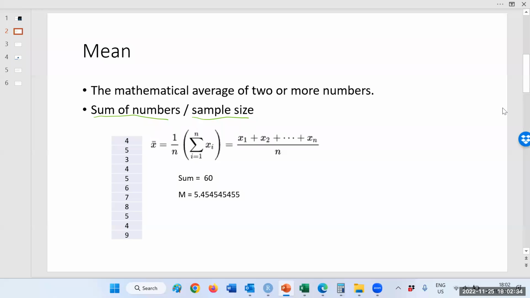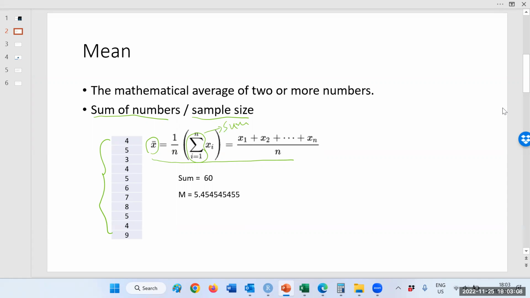The mathematical notation of the mean is represented here. The X bar represents the mean itself, which is calculated by dividing this index by the sample size. And this sign here is basically sigma, which means sum. So you sum all of the scores in your variable, like these scores together, right here, and then you divide it by the number of the scores.